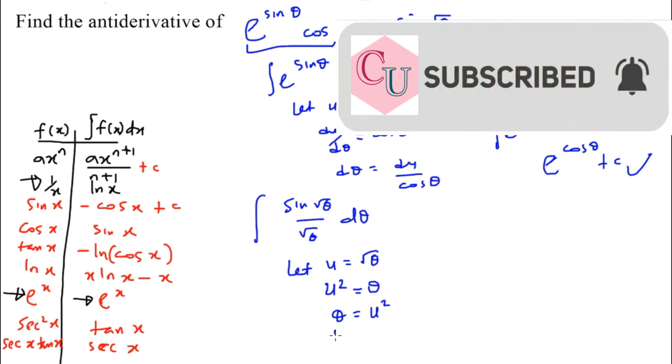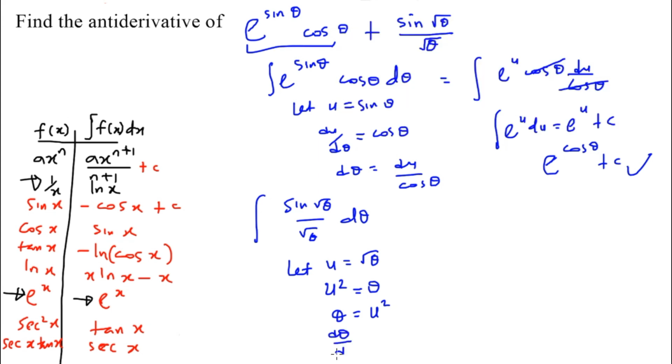So d theta over du will be equal to 2u, or if you don't like it this way, you can differentiate it from this point. But I just want to make it easy, that's why I'm just being dynamic this way. So it will be very easy now. Then I can say that d theta is equal to 2u du.